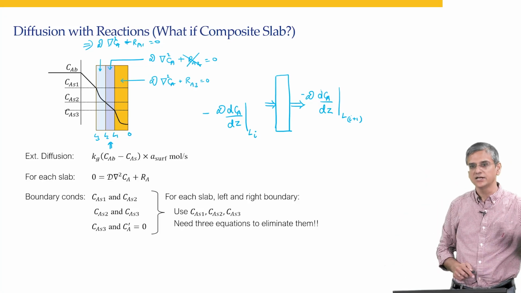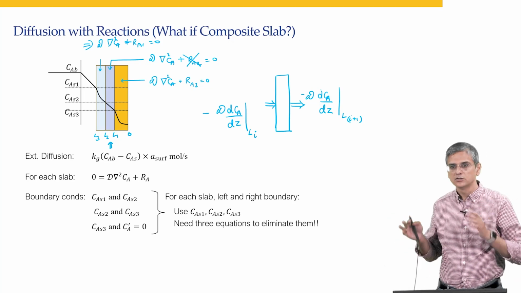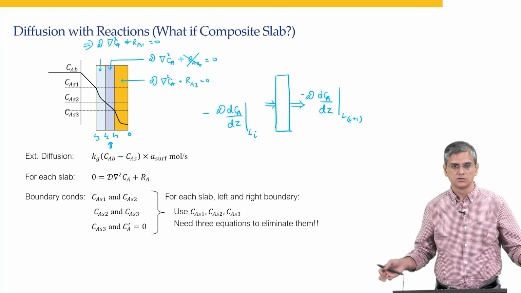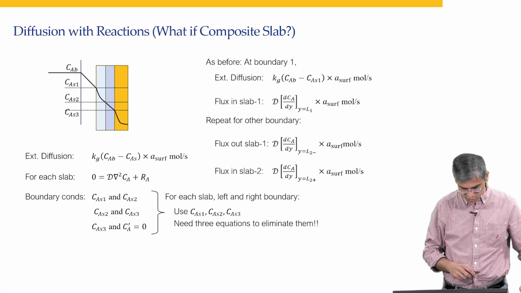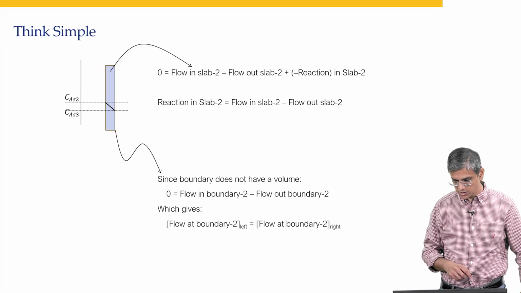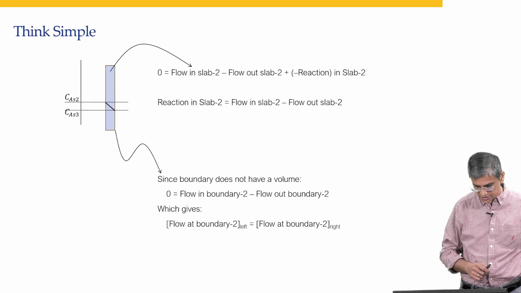So, you are basically balancing out fluxes that come in from the two edges multiplied by the area, and the difference between the two is what gets consumed. That is what this equation talks about, and that is essentially what this slide is talking about.